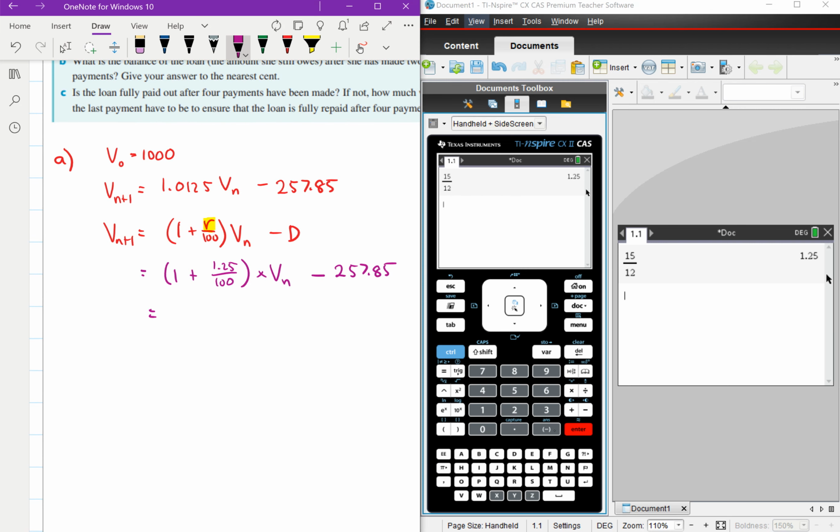That's how they got 1.0125 multiplied to Vn. So that's just a recap of example 3.